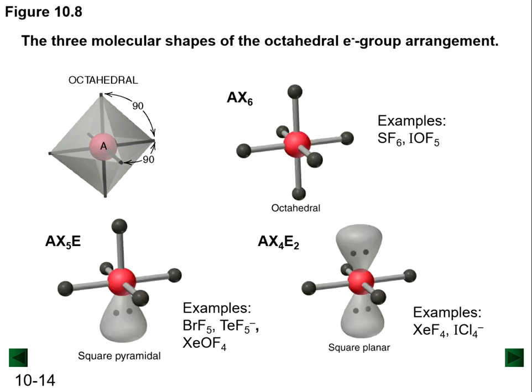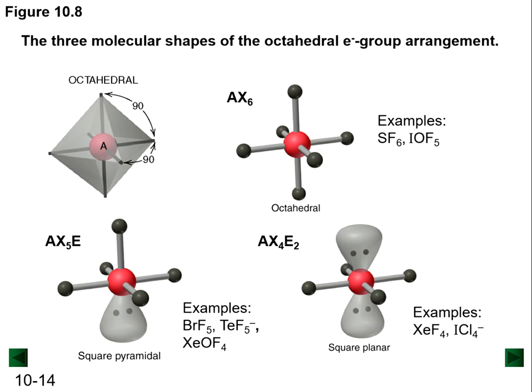For the 6-electron group arrangement, we end up with an octahedron or an octahedral electron group arrangement. There are 3 molecular shapes that we will look at for this type of system. First, if all 6 of the groups around the central atom involve bonds and are atoms, then we have an octahedral molecule.